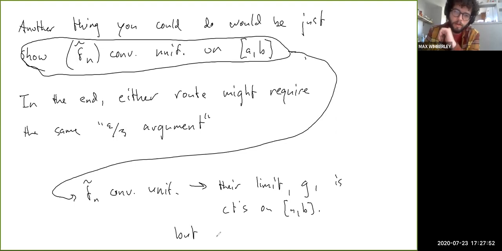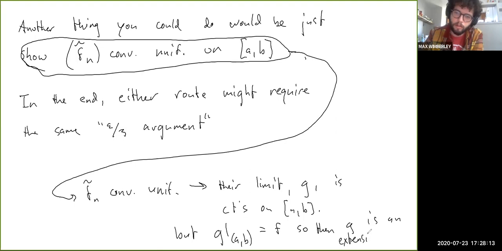But G restricted to the open interval AB is just the original F, right? So then G is an extension of F, basically.